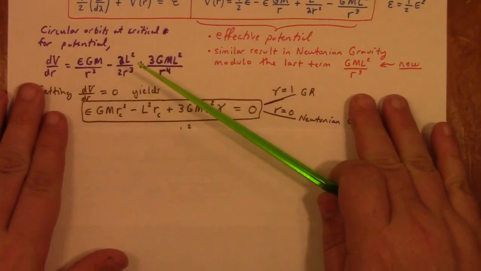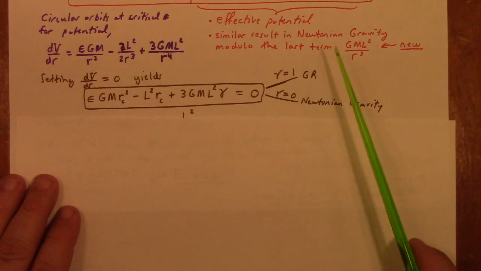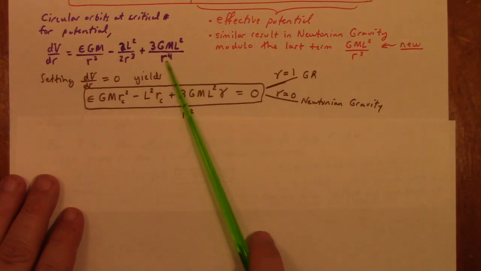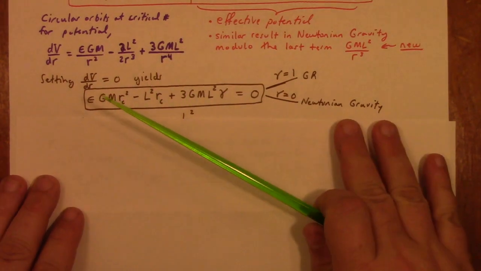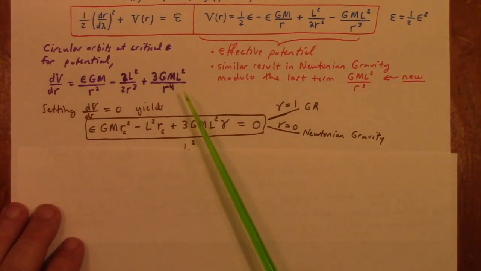And if you think about it, what is gamma? Oh, you just tacked gamma onto this novel term, the term that's from that r cubed in the effective potential. So he puts gamma there just as a kind of index.